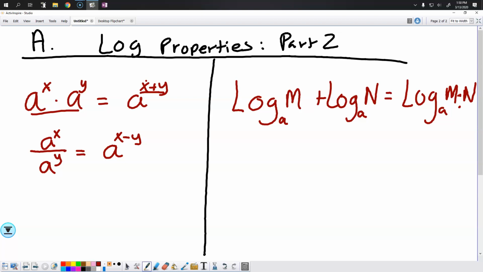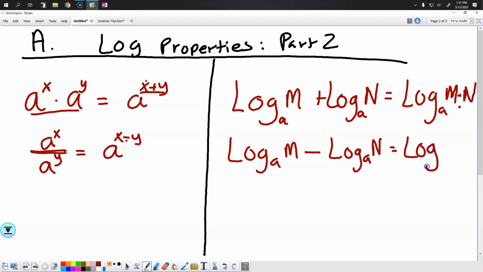Just like subtraction is related to division with exponents, we have a similar rule for logs. If you have log base a of m and it's being subtracted by log base a of n, then we can write that as one log where the m is being divided by the n.